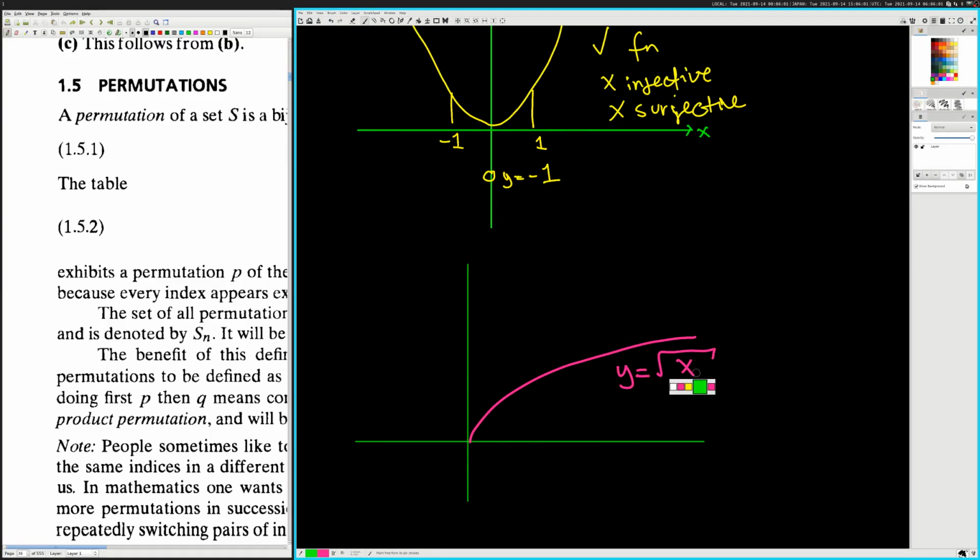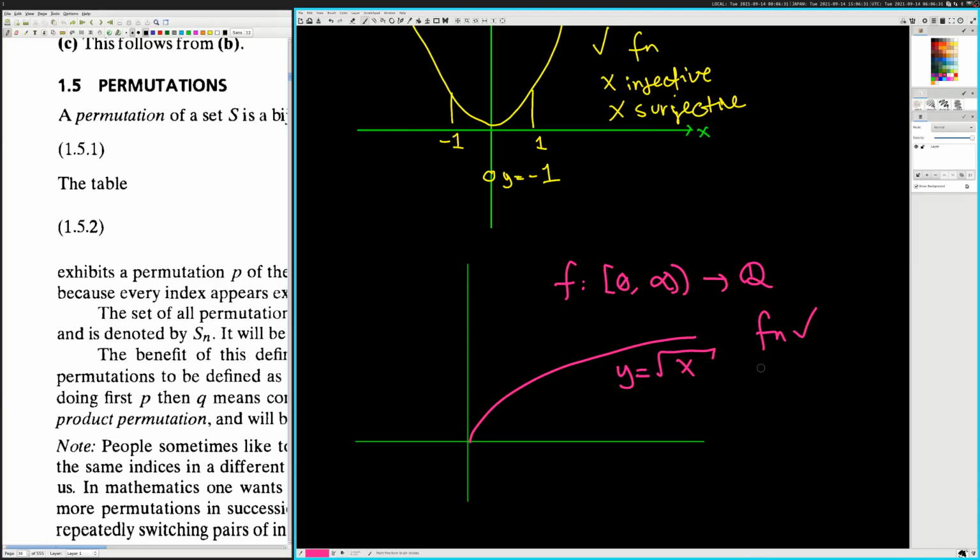So this is a function f from the non-negative rationals to the rationals. If we view it as going to the rationals, this is a function.